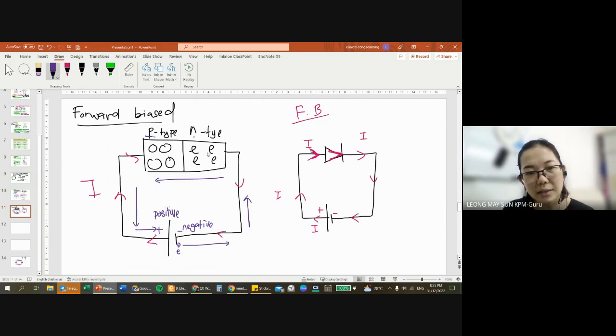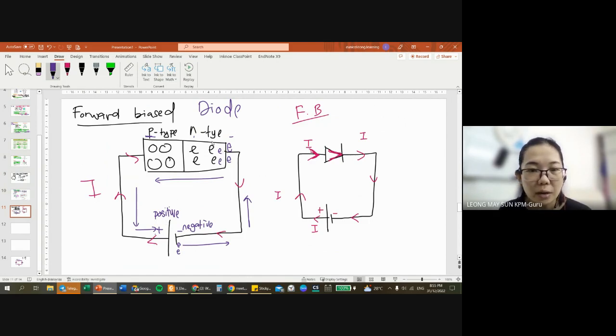If it's connected to a PN semiconductor or a diode, when the electron reaches the N-type semiconductor, electrons are negatively charged. I'm explaining in terms for you guys to understand better. The electrons will come in here and be very much attracted by the positive charge.